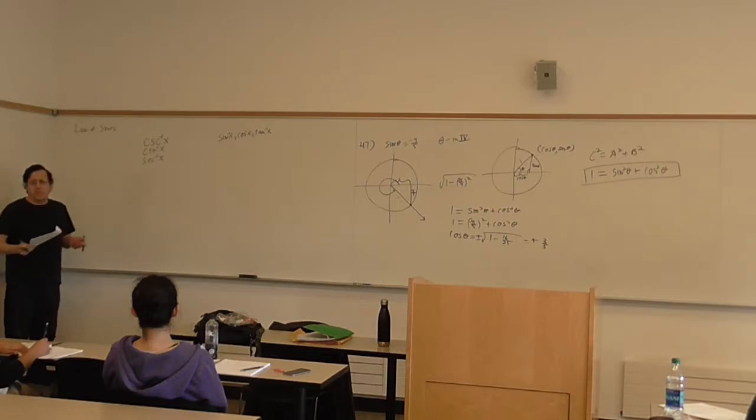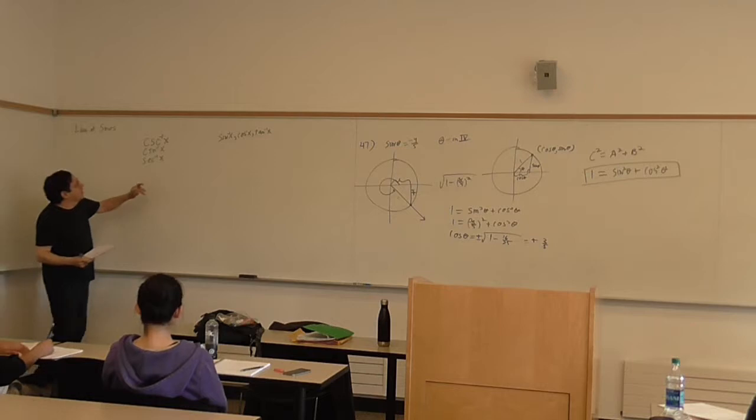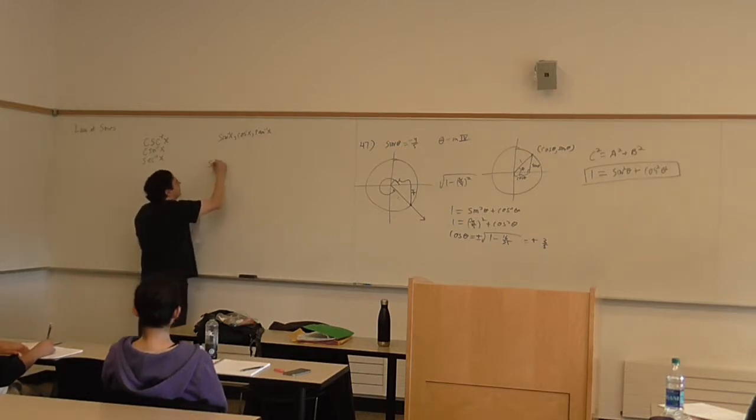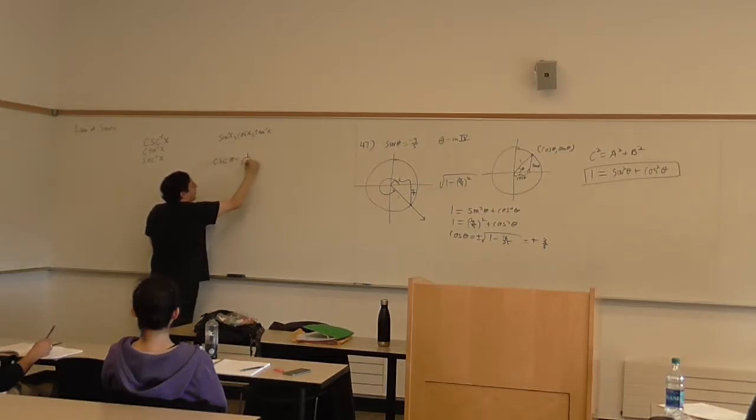And it's really tempting to think, well, okay, cosecant of theta is 1 over the sine of theta.